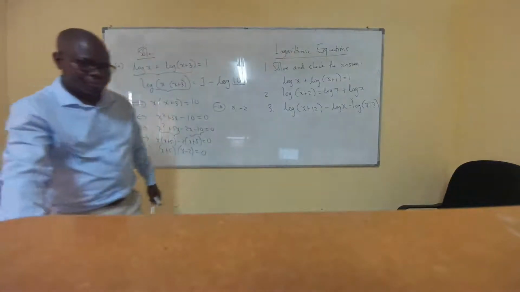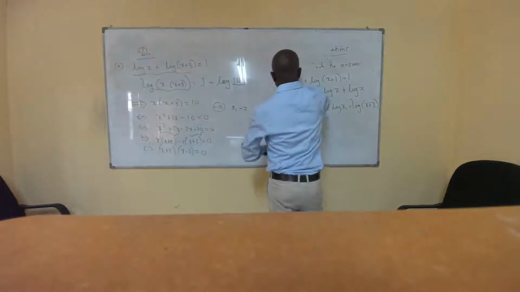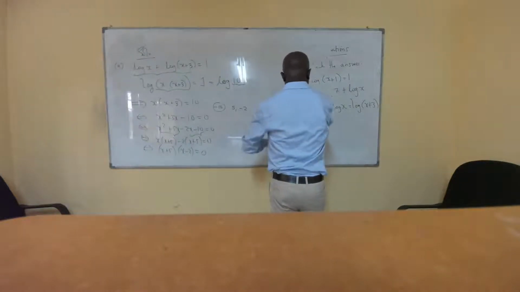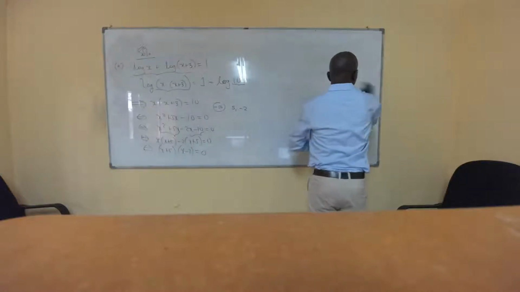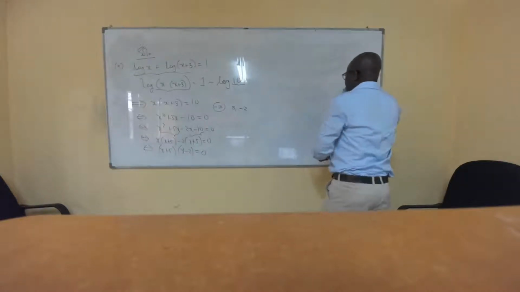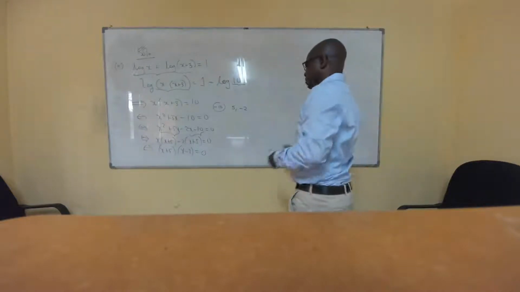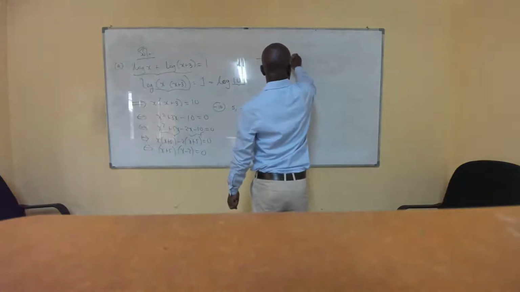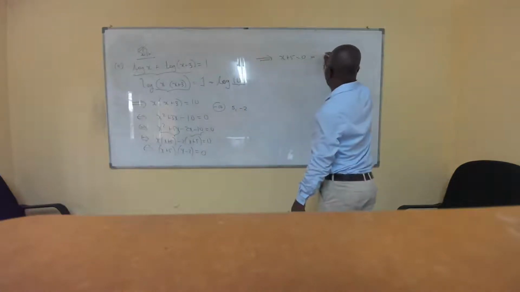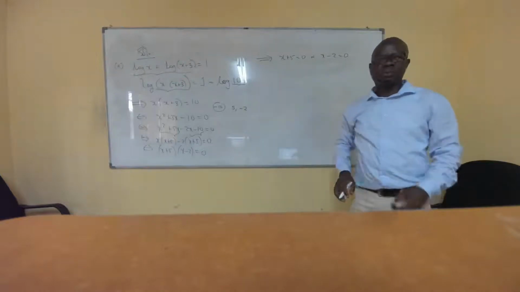But we know the product of two numbers is 0. Then what it means is that one of the numbers must be 0. At least one of the numbers must be 0. So this implies that either x plus 5 is the one which is 0, or x minus 2 is the one which is 0, or both would be zeros.